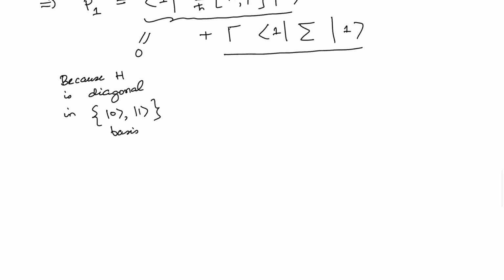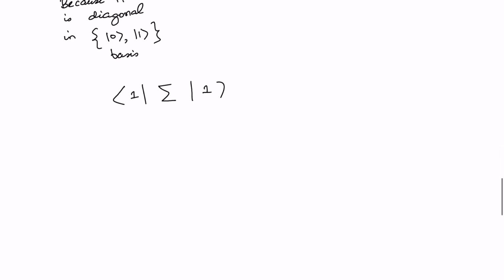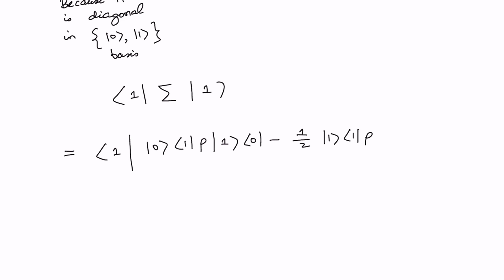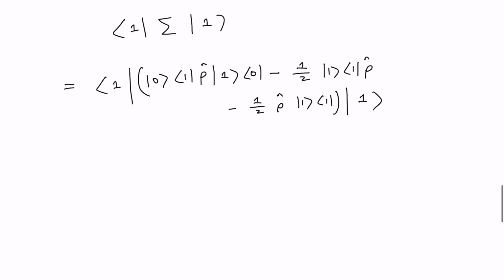Now you can actually work it out very easily. Let me just show you this summation, which is very trivial to work out. We have the sum over <1|k0 rho |k0 minus 1/2 |k1><1| rho minus 1/2 rho |k1><1|, and this whole thing is its scalar product with |1>.